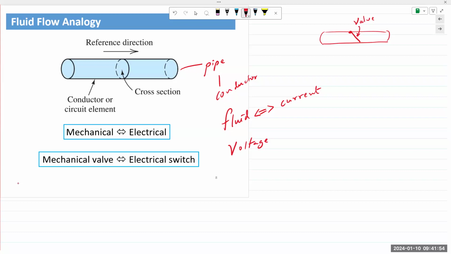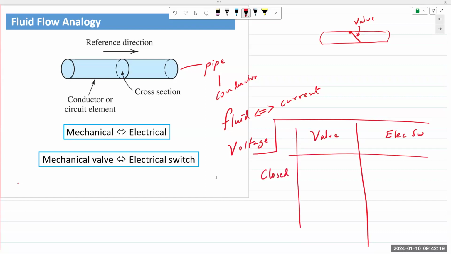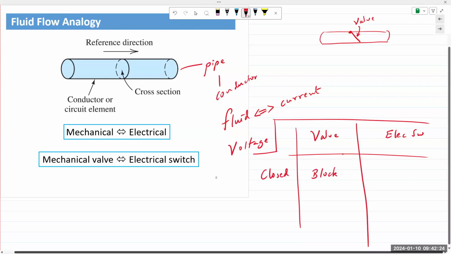When it's closed, as you see here in the illustration, it will block the flow of fluid, right?